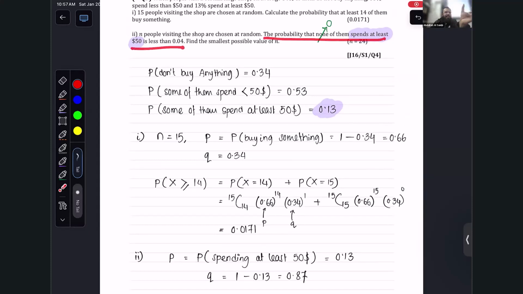Which one is the subject, and which one is the object here? The probability is the subject. And which one is the object or the predicate?